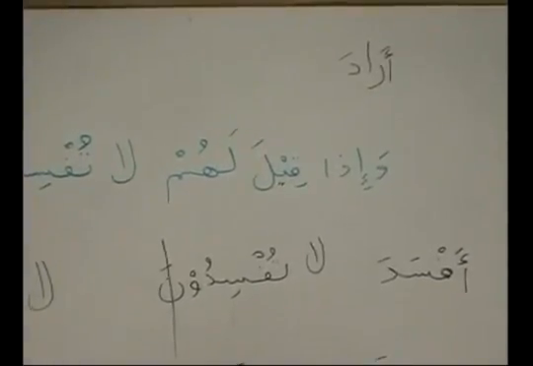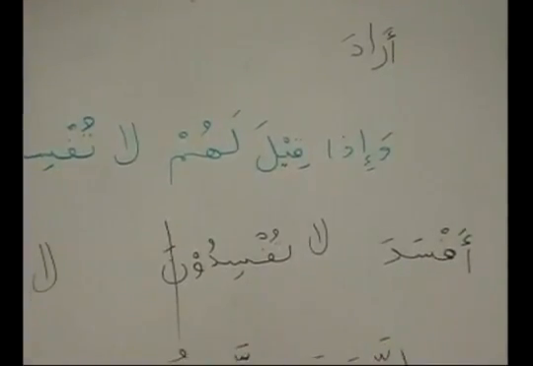What did we do? Arada. When you see Hamzatul Qata coming in the beginning, then it is form 4. Hamzatul Qata comes only in form 4. Arada.